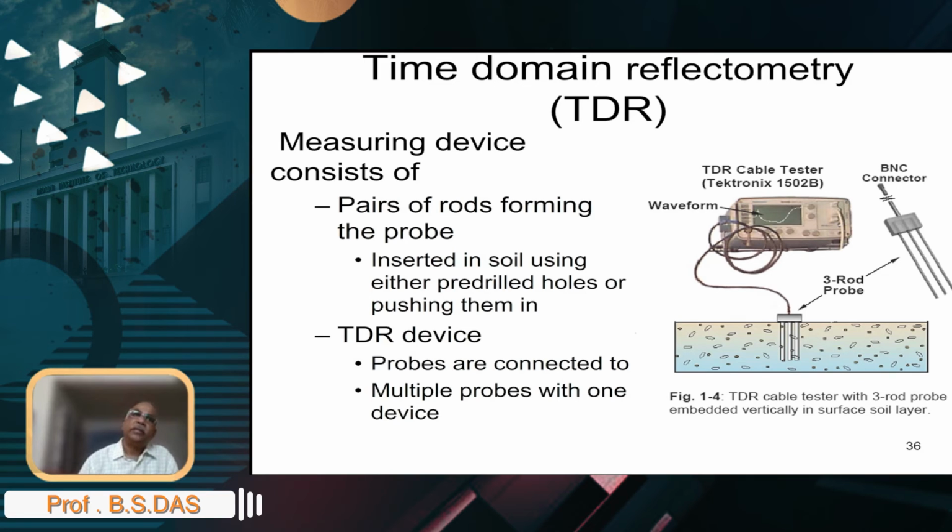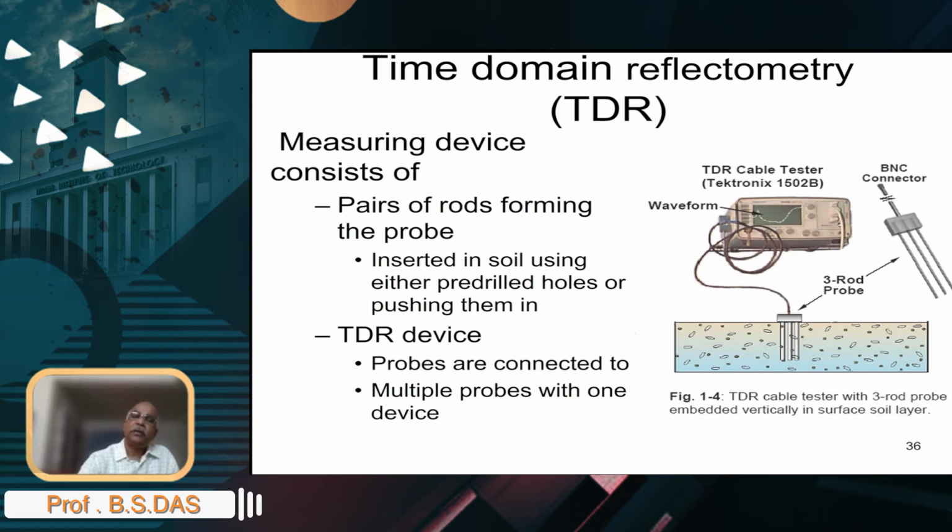One of the devices used to detect faults in cable lines, called a time domain reflectometer, a cable tester from Tektronix, used to be used for measuring this dielectric relaxation in soil.